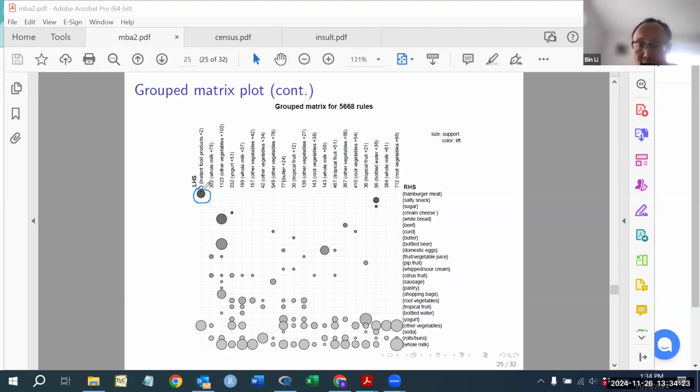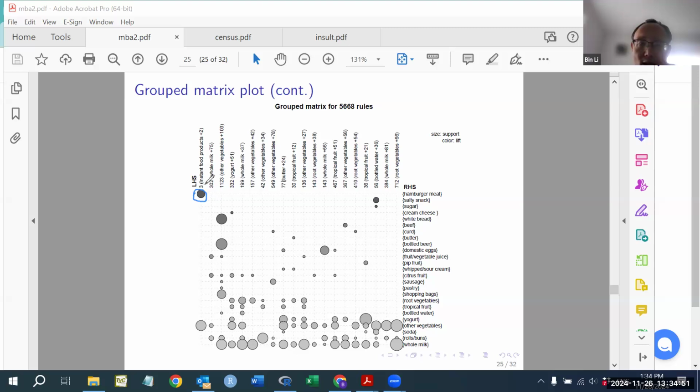And you can also see the darkness, so the lift for this one is very high compared to the others. So what does that mean? If you go to the top row, you will see a number. There's a 3. 3 means we have 3 rules contained in this bubble.